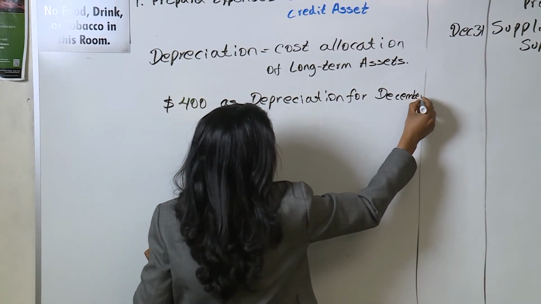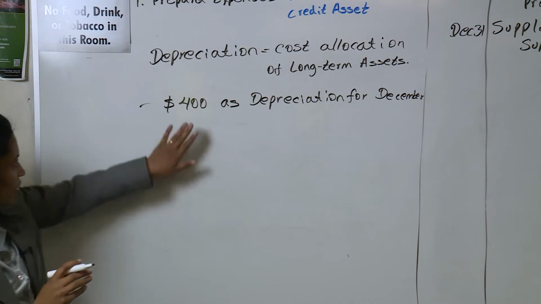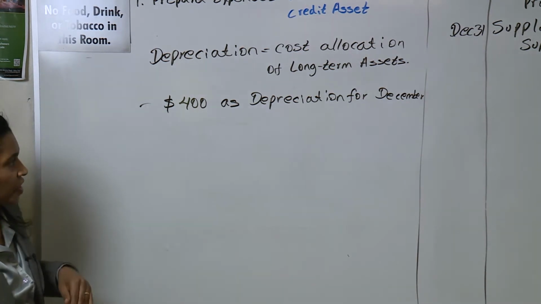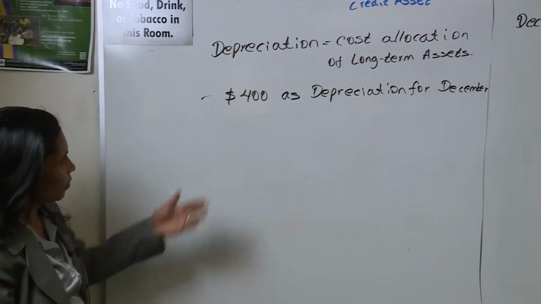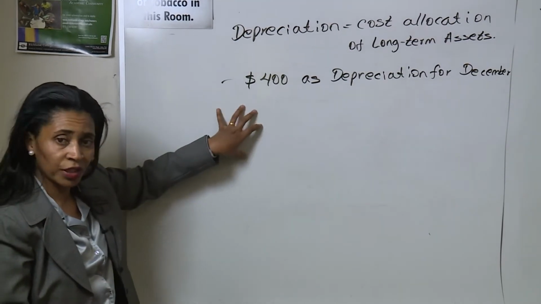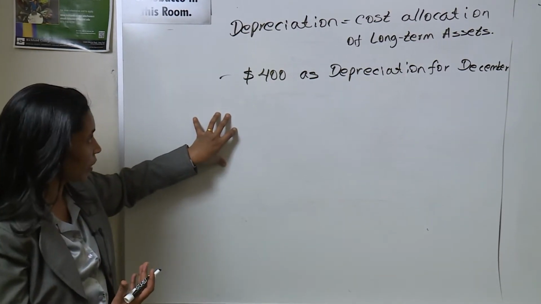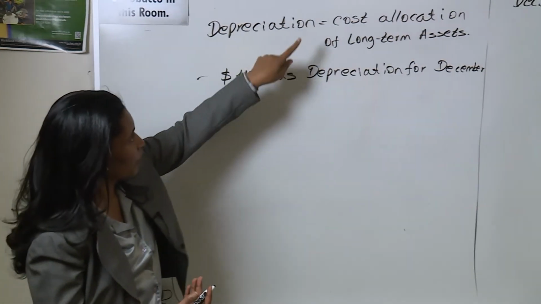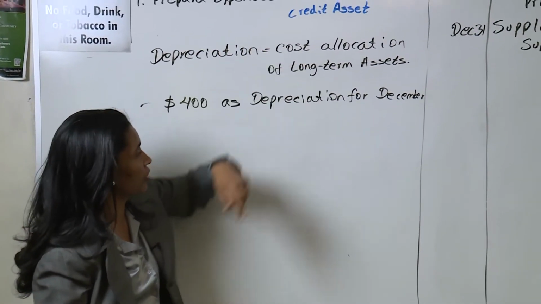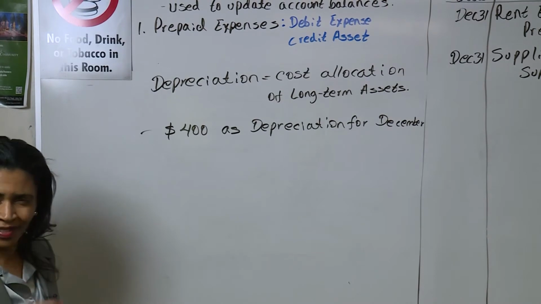If $400 is given as depreciation, how do we record this transaction? For this one, it's a little bit different, so I want you to pay attention to it. Even though we are going to credit an account, it's not the exact same account.